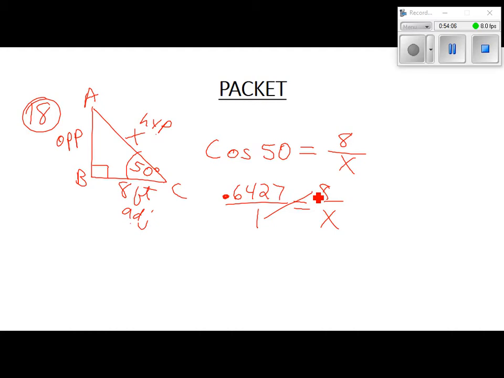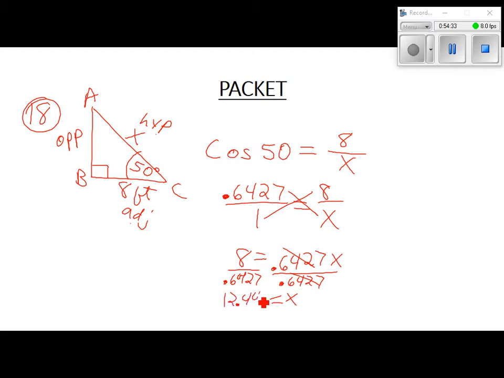What do we get when we cross multiply the other way? These cancel out. We're left with x equals, what is it?